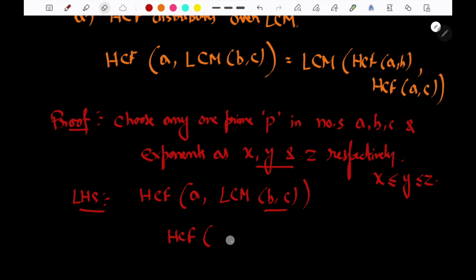We'll only see p; there can be other primes also, q, r, whatever you choose, but I am just taking any one prime, and the exponent is x. Here LCM of B and C is z. Now what is the HCF of x and z? That will be x itself.